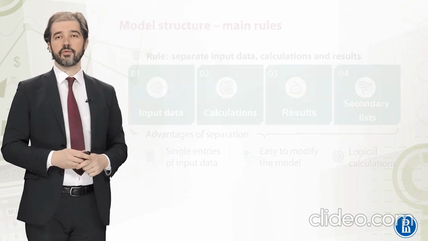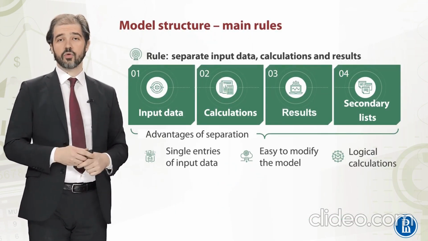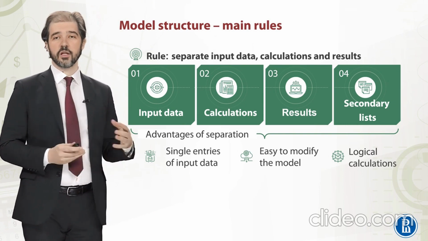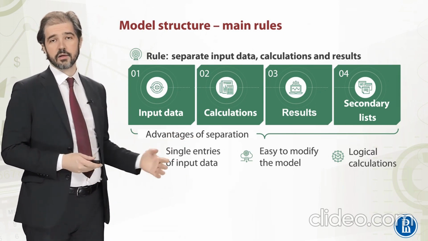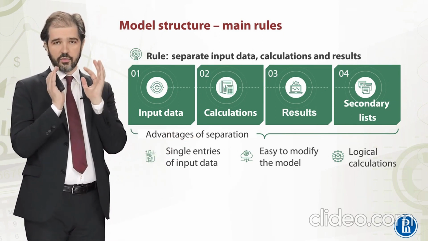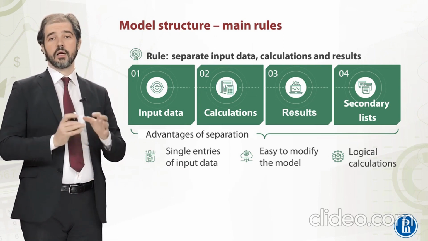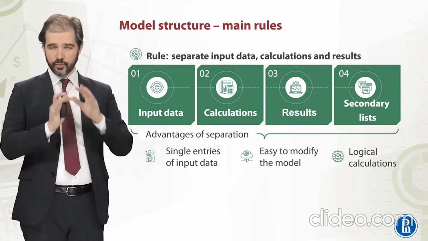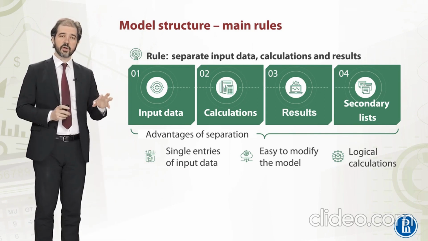And here we have the main rules for the model structure. The main rule is to separate input data, calculations, and results. Here we see different blocks of input or assumptions information. This could be one slide, one page, one working sheet in Excel, or it could be several.